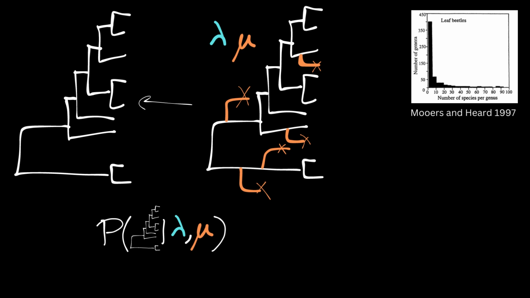So this model is this stochastic process that you're assuming may have given rise to your data. That's essentially a relatively simple model with two parameters.